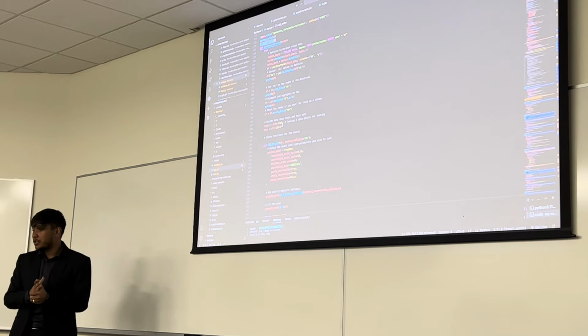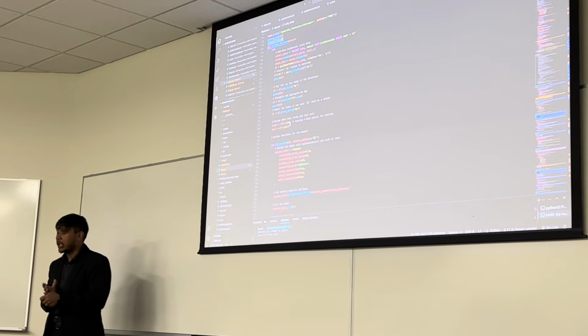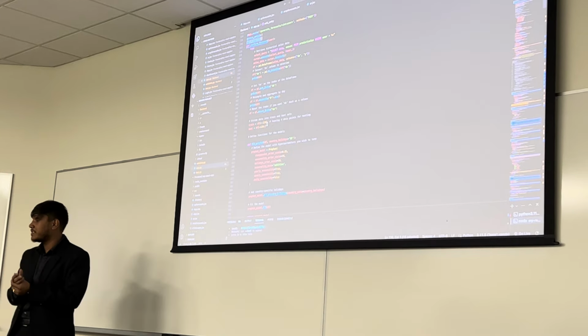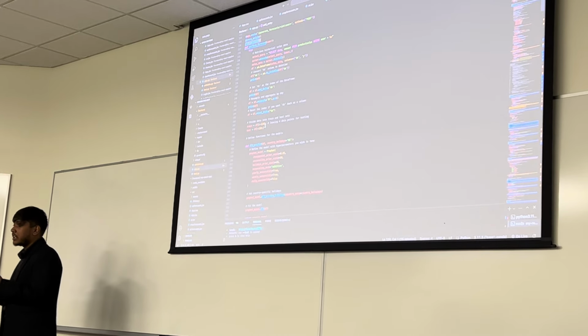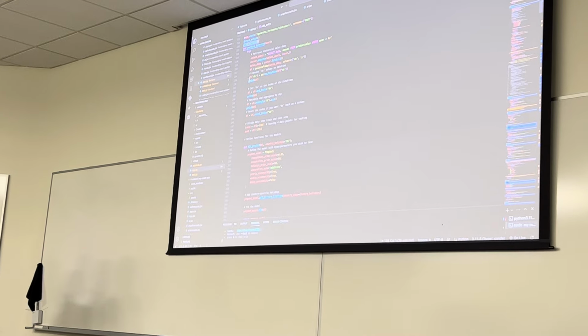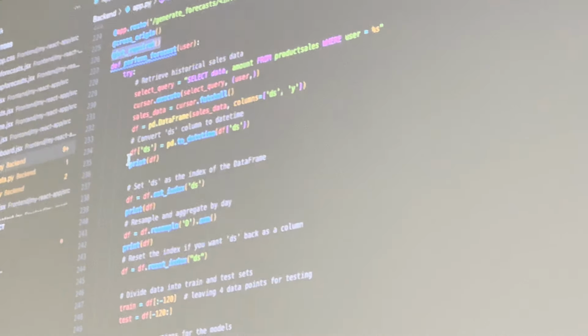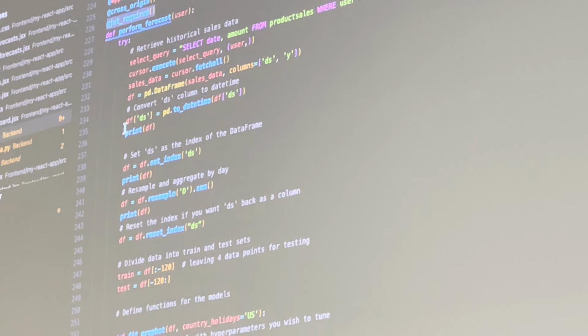What I am doing at first is pulling in all the product sales historical data from my database, and then I am doing a little bit of aggregation on a day level, because in a day you can sell the same product 10 times, right? But all we really want to know is how much in total we have sold for that specific product.